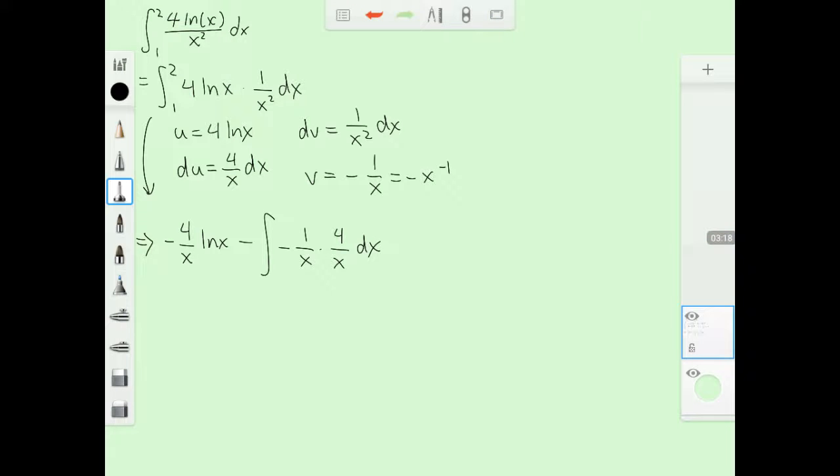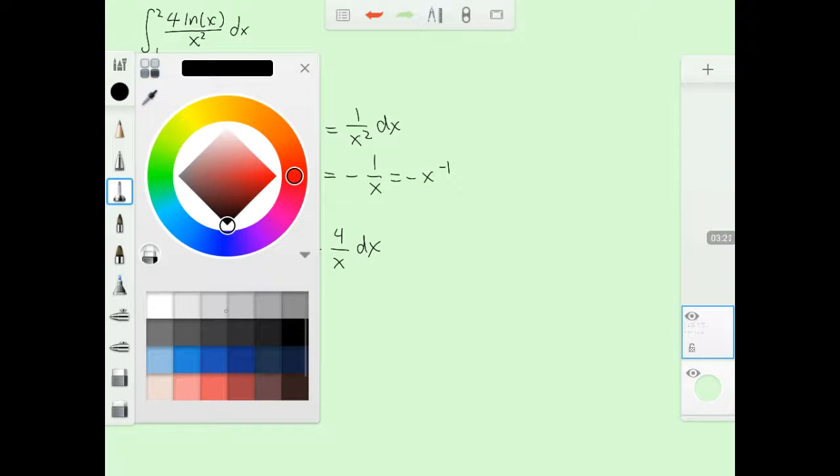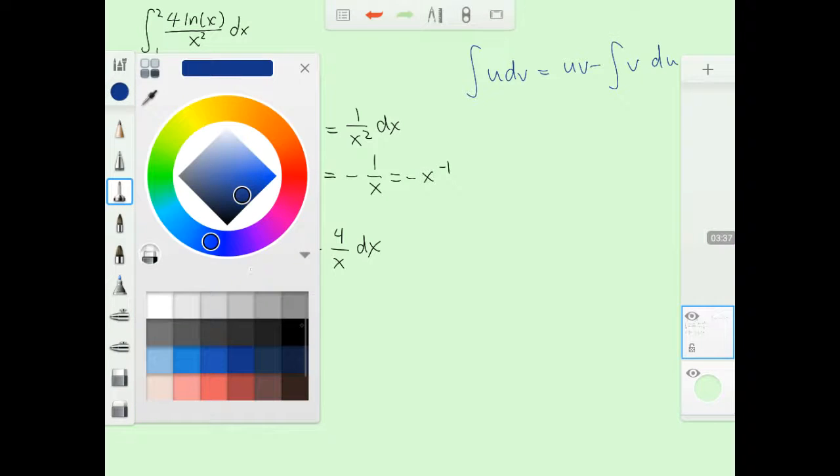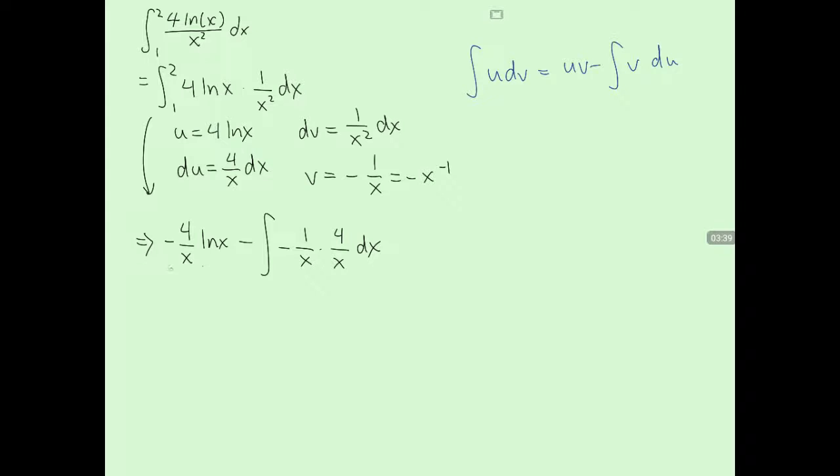Remember, what I did here was just use the integration by parts formula, which says that if you have the integral of u dv, you can rewrite that as uv minus the integral of v du. So going back to our indefinite integral, we have negative 4 over x ln x.